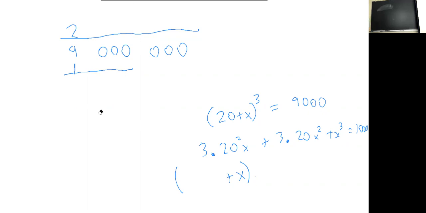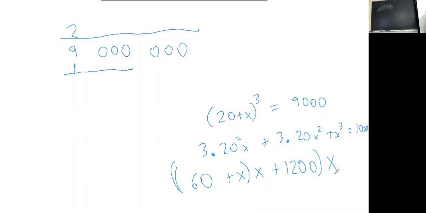It's going to be the 60. 60 plus x times x, plus 1,200 times x. Did I do the right thing there? If I expand that out, I get the same thing as I did upstairs, right?